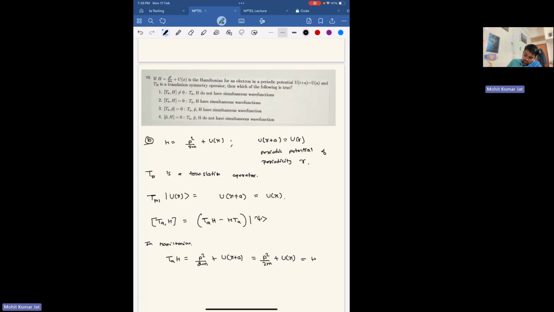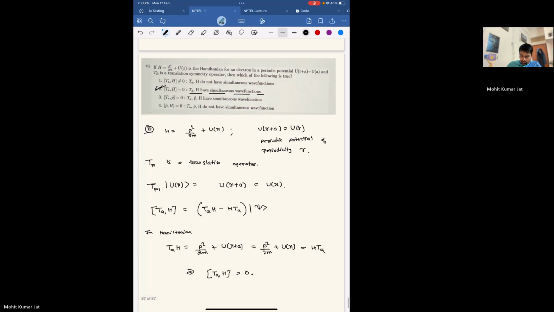That will be equal to H T_a. This implies T_a and H commute, and they have simultaneous wave functions. Okay, so option A is false, option second is true.